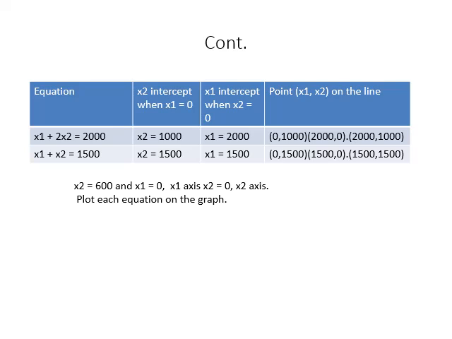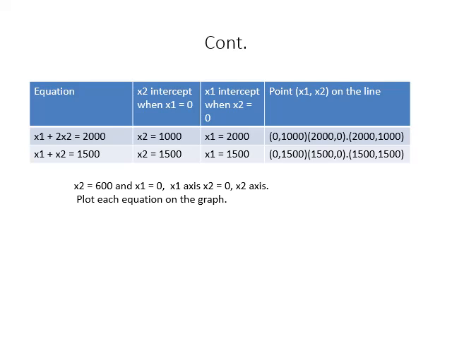Now let's go to the next equation: x1 plus x2 equal 1500. Of course, if x1 equals 0, x2 equals 1500, and if x2 equals 0, x1 equals 1500.